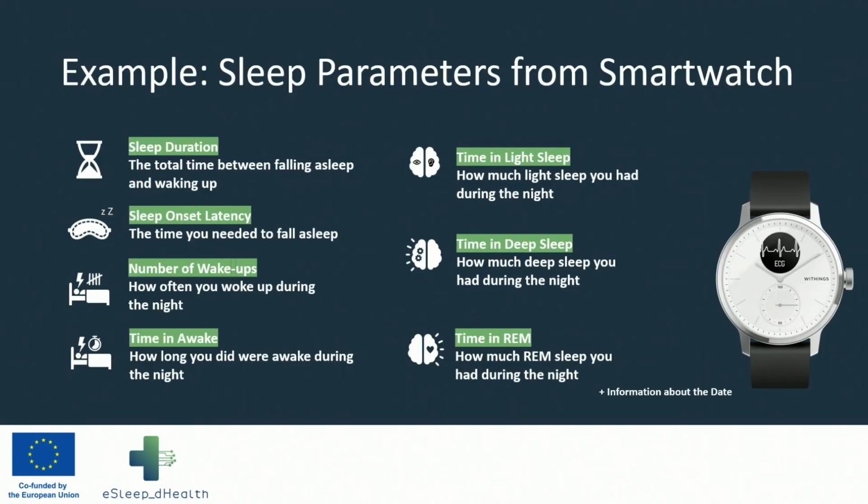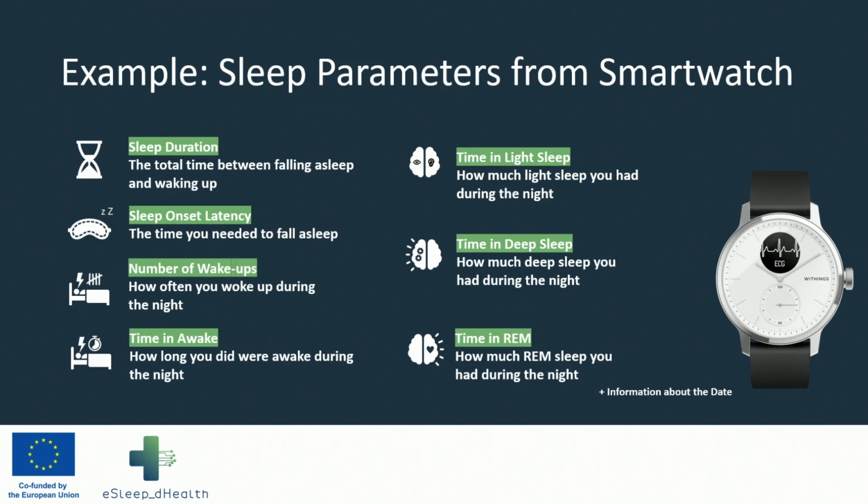The data set that is provided with the notebook is sleep data. So it has parameters over, I think it's 2 or 3 months of a person wearing a smartwatch. And there are different parameters in that data frame. There's the sleep duration, the sleep onset latency, the number of wake-ups during the night, the time spent awake, the time in light sleep, the time in deep sleep, and also the time in REM.